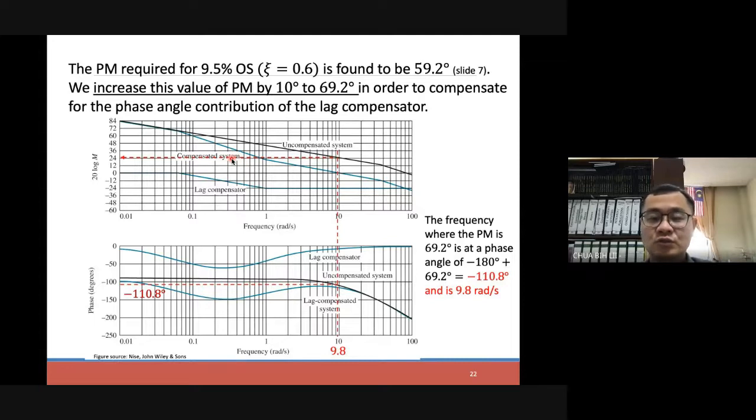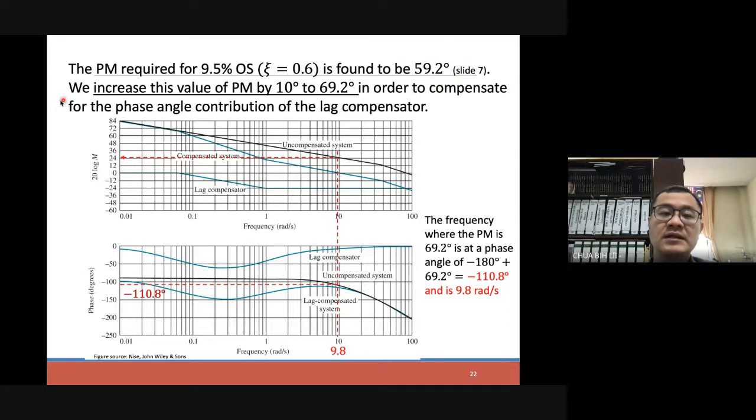So what we do now, we try to put it in. Remember the pattern of the lag compensator that we intend to put into our design now. The phase margin required remains the same because we do not adjust this one.